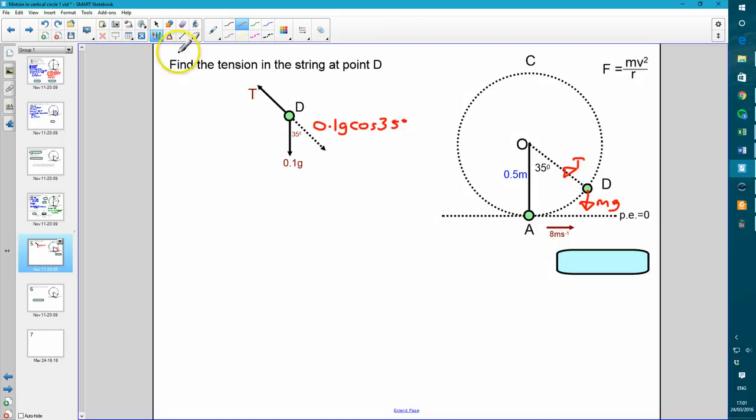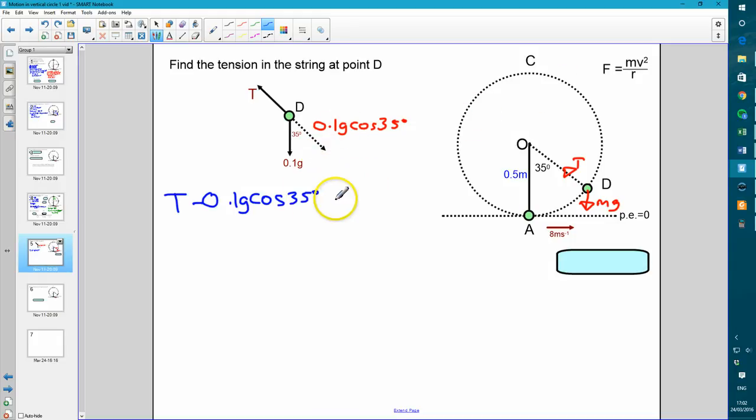So our net force here is going to be our tension take away 0.1 g cos 35 degrees. And it's take away because this component of our weight is going away from the center of the circle.